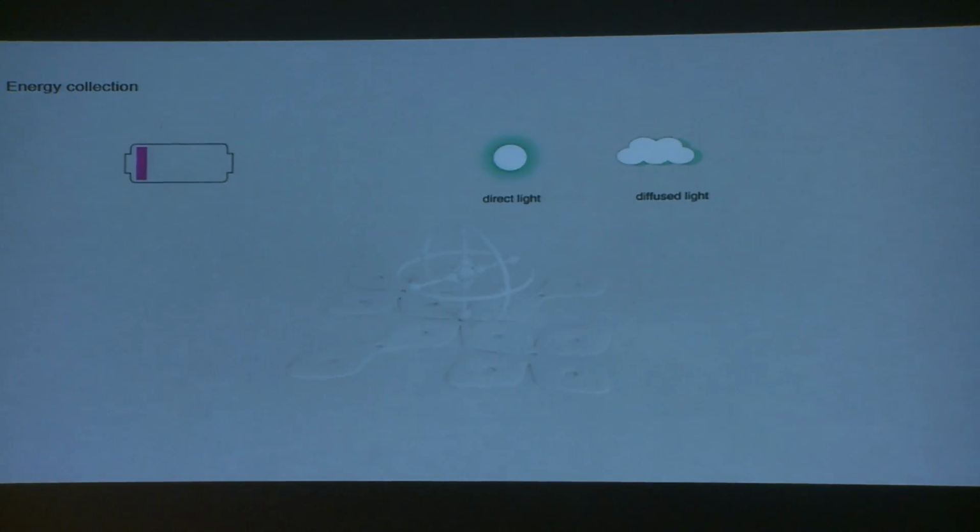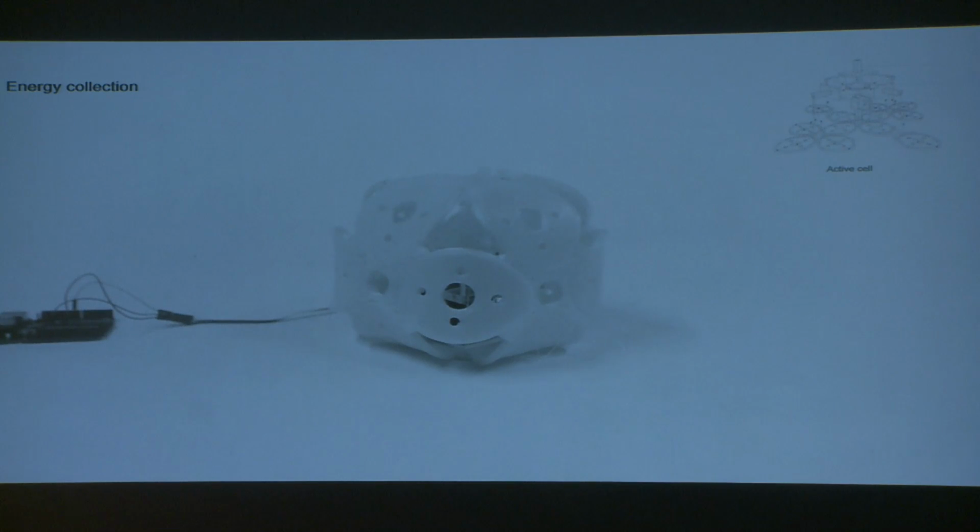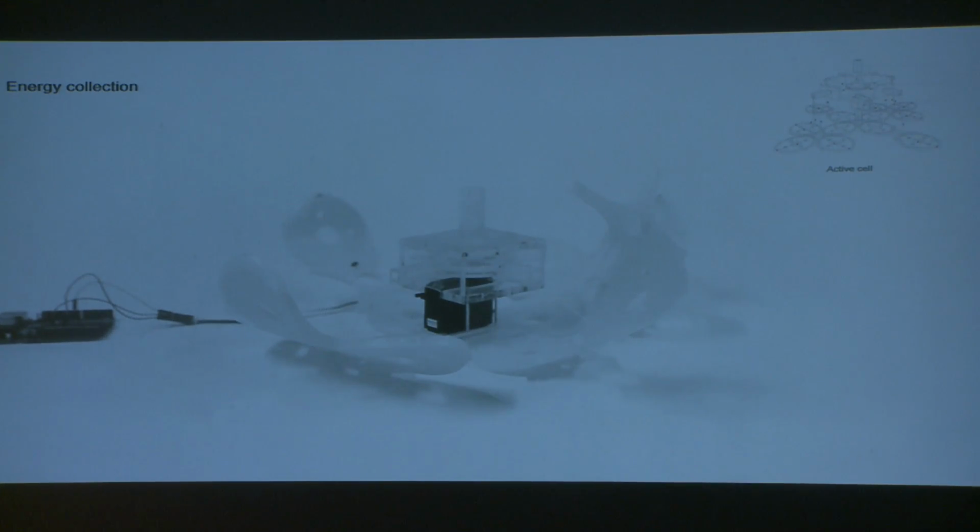We see energy as a part of our autonomous system, so we designed our skin with graphene battery and flexible solar panels so that it can collect energy and keep the system working. This is the basic prototype to show how it can open its skin and close back to move forward.